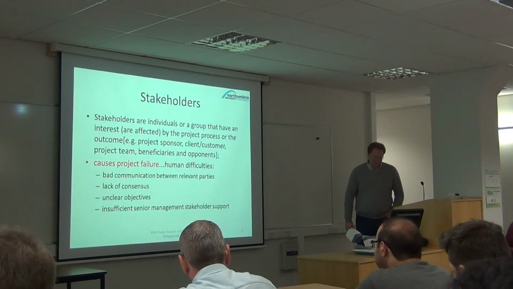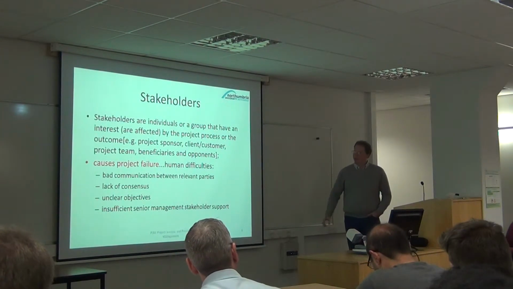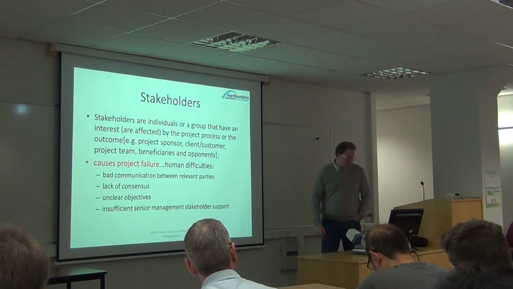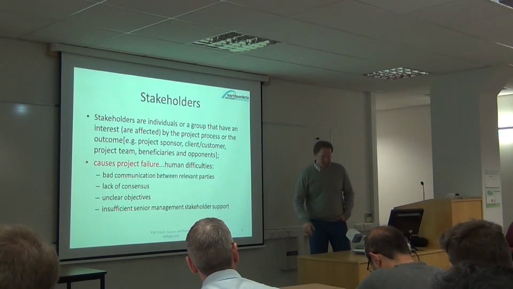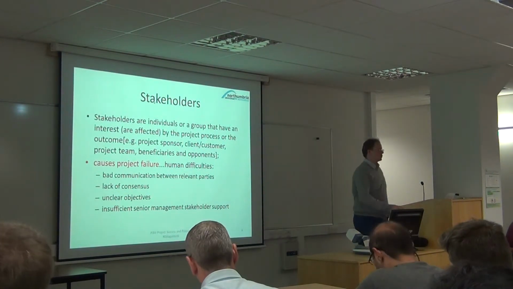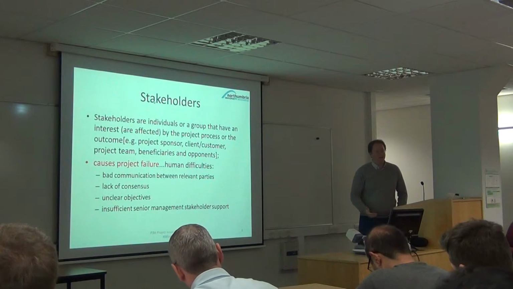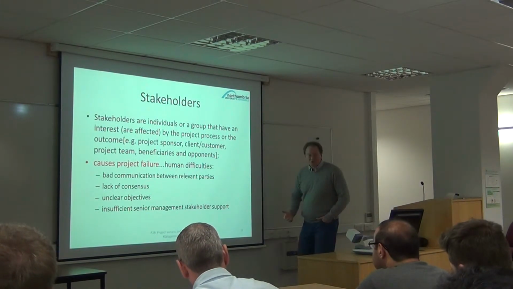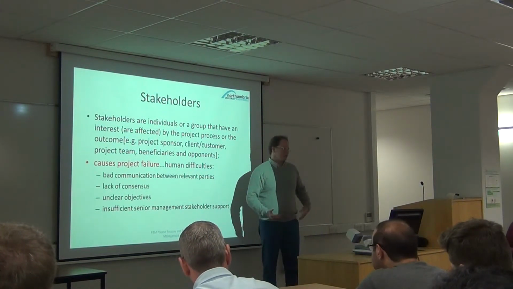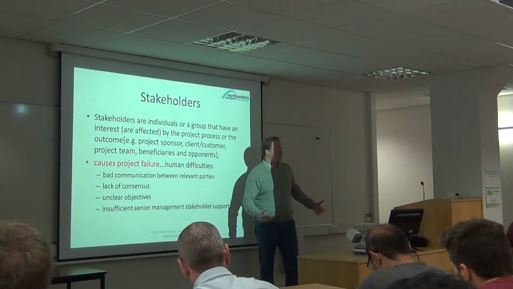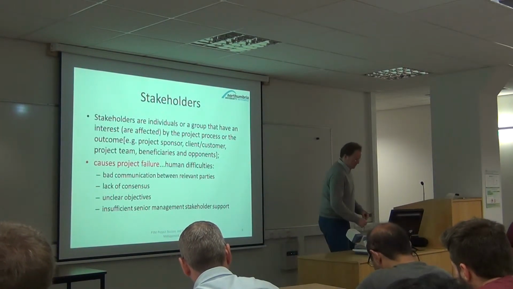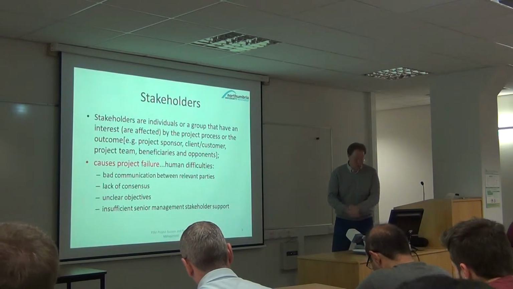The reason really being, if you look at the main reports of project failure, they are numerous, but human difficulties is the largest. It's the most pressing. So what does it mean? Most of our projects don't really fail because we don't have the right technology or the right methods of working with each other.